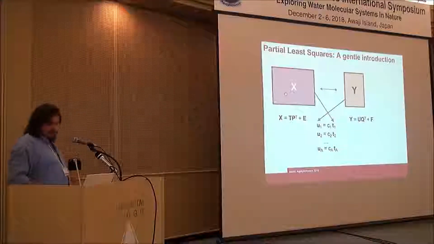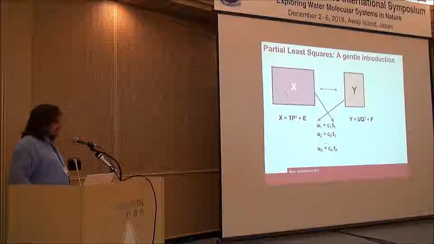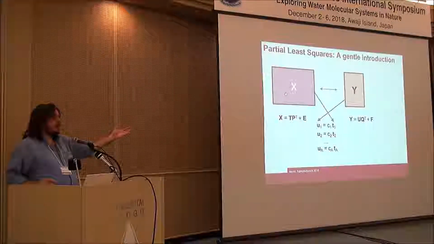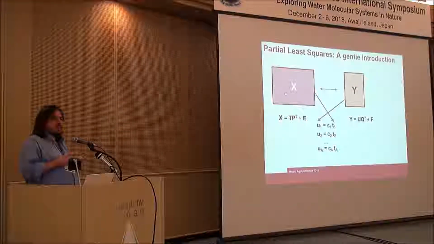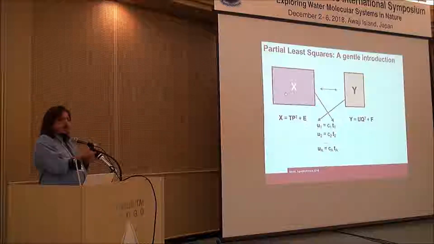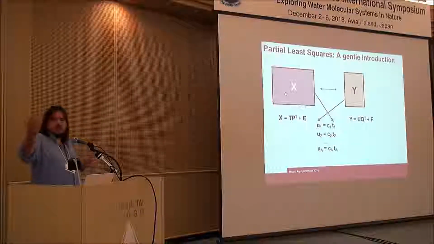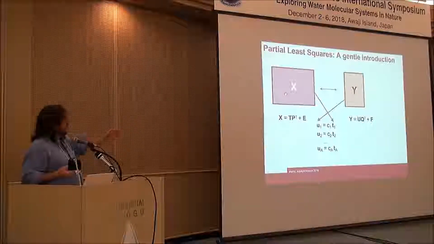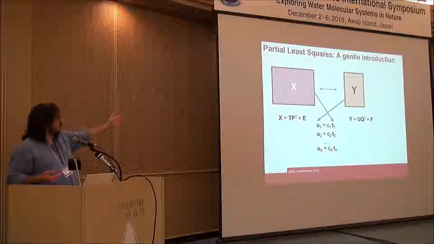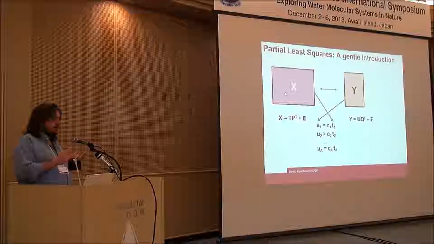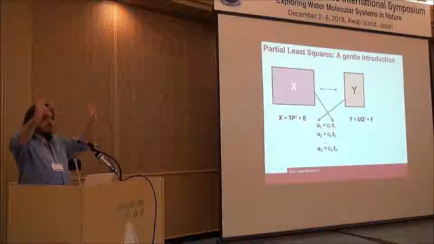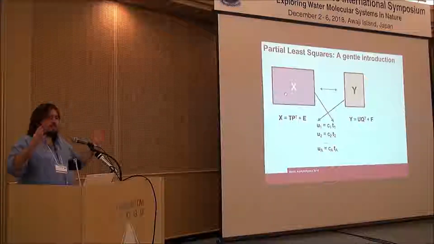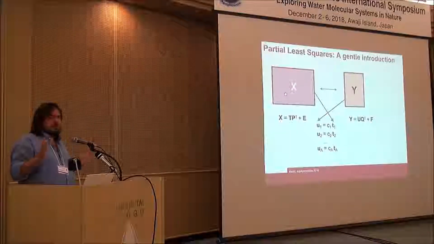So the idea behind the PLS algorithm is that I will try to summarize as much as possible the variation in Y using a component model. So let's think that I'm doing PCA, extracting scores and loadings to describe the variation in Y. And of course, I'm doing the same, using scores and loadings to describe the variation in X. Then these two sets of scores will individually have maximum variance in describing their respective matrices.